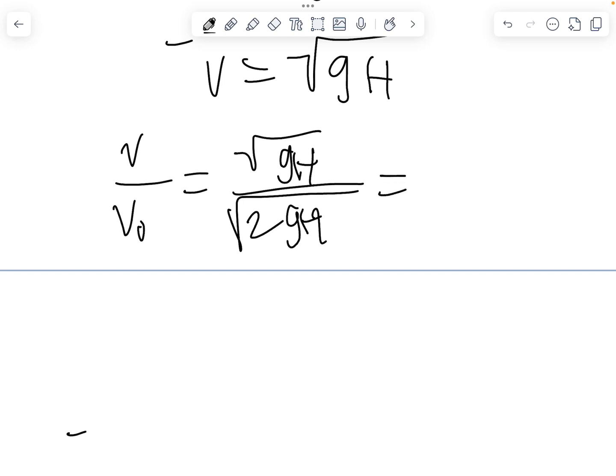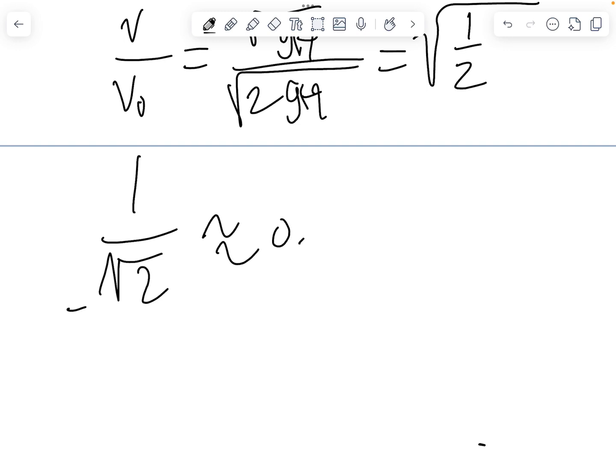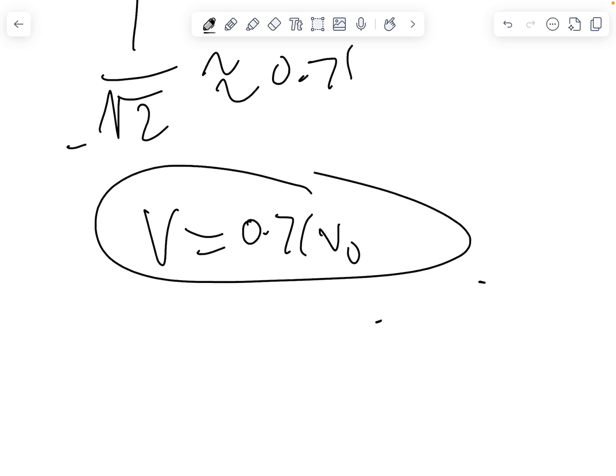If you know that the square root of 1 over 2 is just 1 over radical 2, you would know that equals 0.71. Thus, v equals 0.71 times the initial velocity. So we're going to make sure we put that correctly.